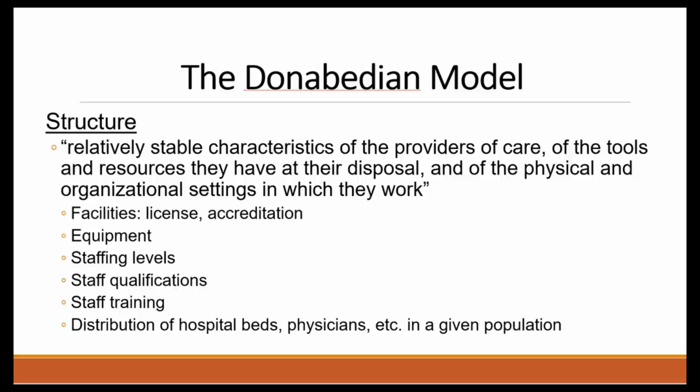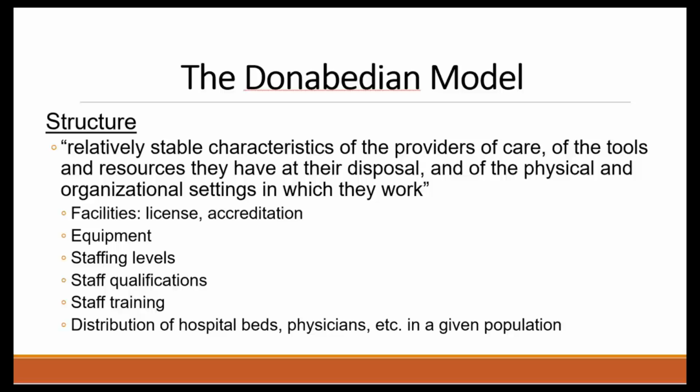Structure essentially refers to resource inputs used in the delivery of healthcare. So examples: facilities, equipment, staffing levels, staff qualifications, staff training programs, and administrative organizations. Now, from a statewide macro perspective, structural elements include the number of physicians and hospital beds available, the geographic distribution of physicians, hospitals, and nursing home beds, and the mix between primary care and specialist physicians.